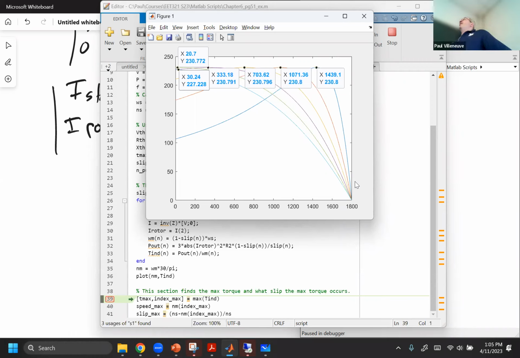So nowadays, you don't adjust R2. You just put a variable frequency drive. Remember we talked about wind turbines being doubly fed induction generators? I said at the beginning of this material that you'll put a variable R2 value in there. Well, not exactly. Remember how the speed of the rotor is going to be at mechanical speed. The speed of the stator is going to be at synchronous speed.